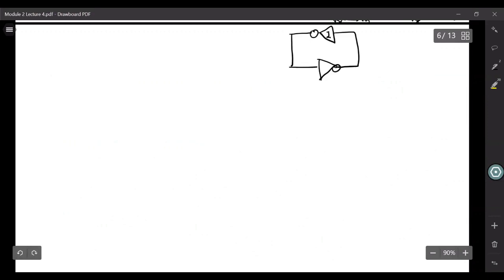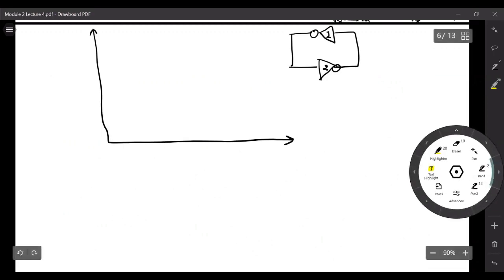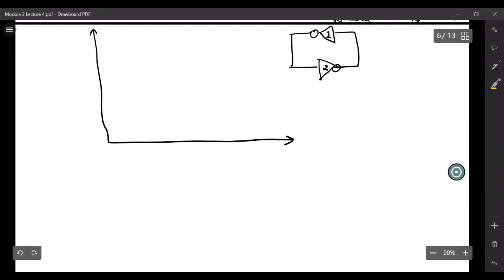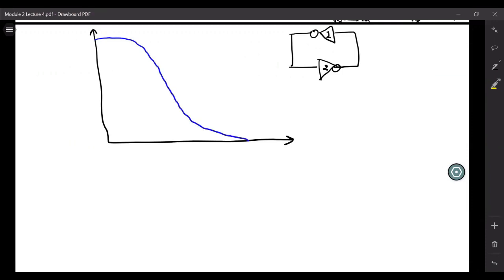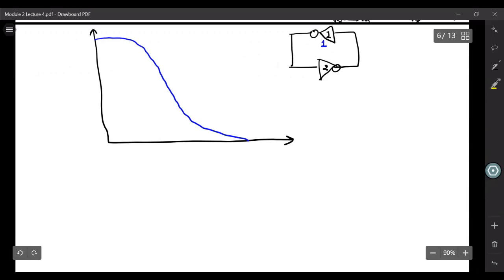What people generally do is take the VTC of 1 and 2. Let us use different colors: we represent the VTC of the first as blue, and the VTC of the second as red.